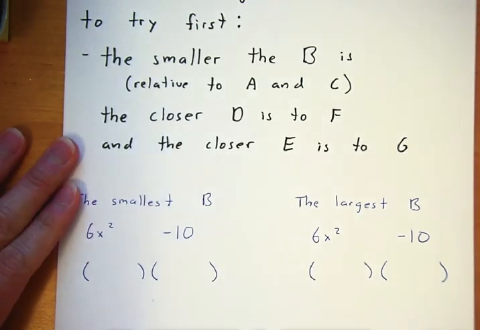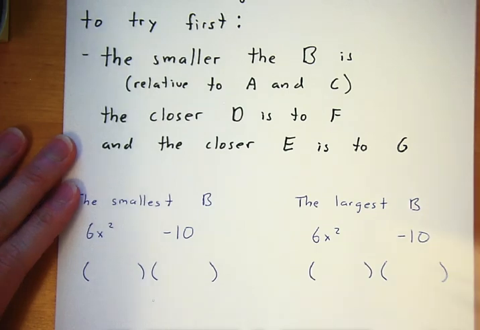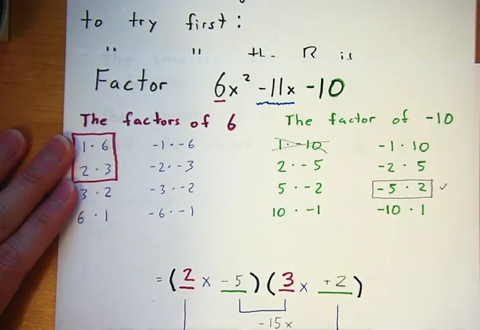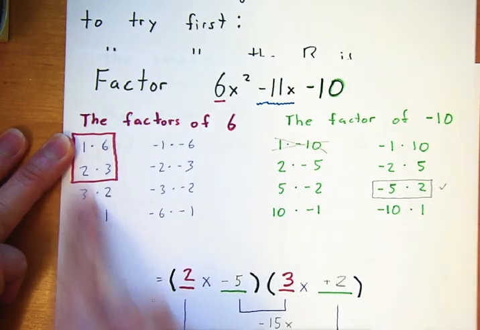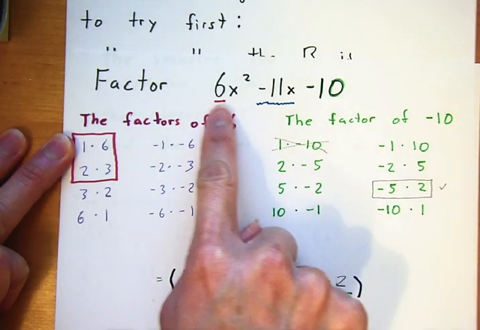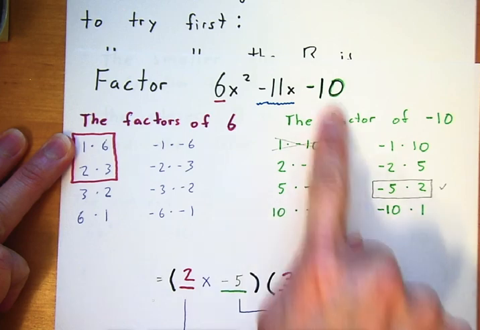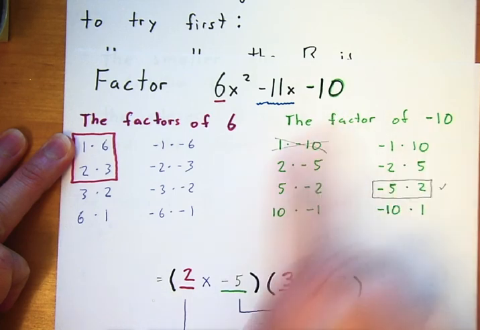Looking at our previous example, so looking at this example right here, where I'm asked to factor this, when I was creating my factors, I looked at that first number, 6, and looked at that last number, -10.